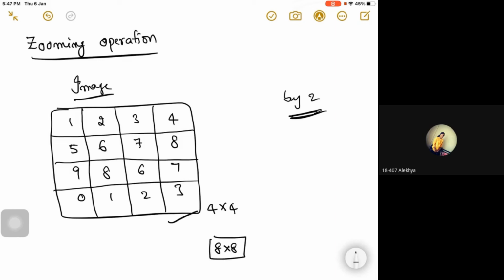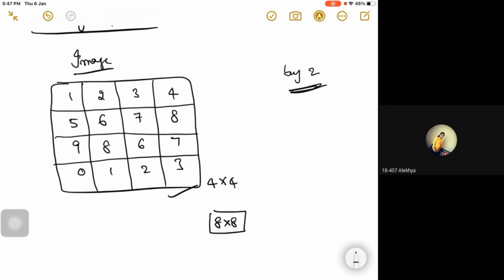For that, it can be done in 2 ways. One is replication: replacing the pixel value with the original values themselves is called replication, or duplication also.